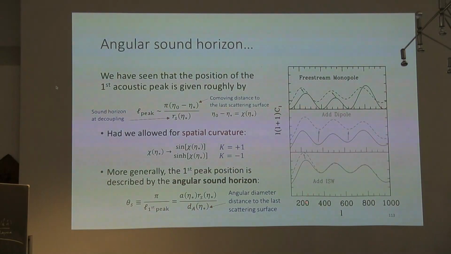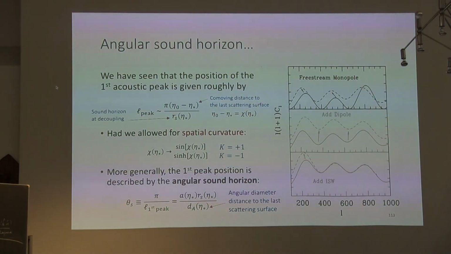If I use this, and also replace the chi with a sine, what I'll find is that this is equal to the scale factor at the time of decoupling times the sound horizon at the time of decoupling, the same sound horizon that appears here, divided by the angular diameter distance to the last scattering surface. So that's another famous quantity that we use.